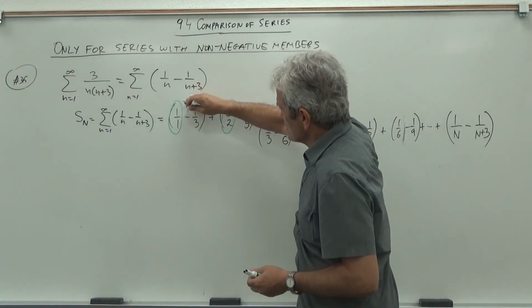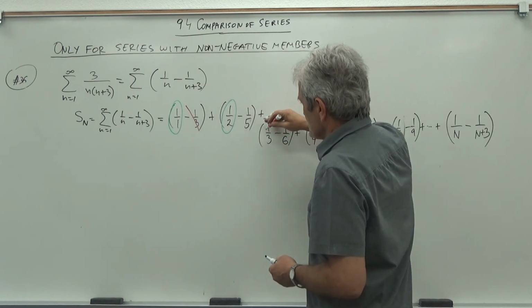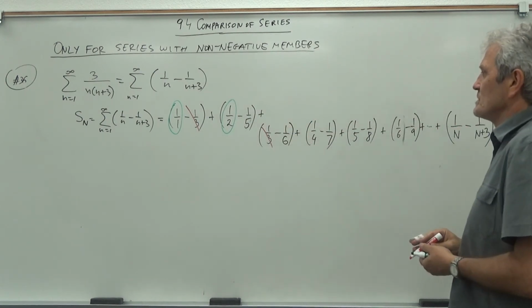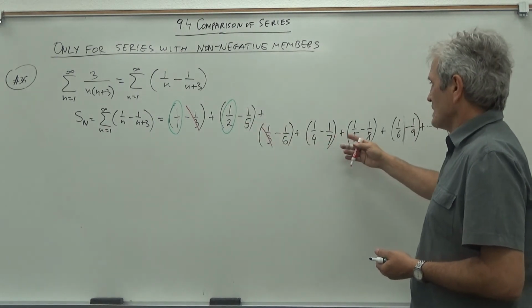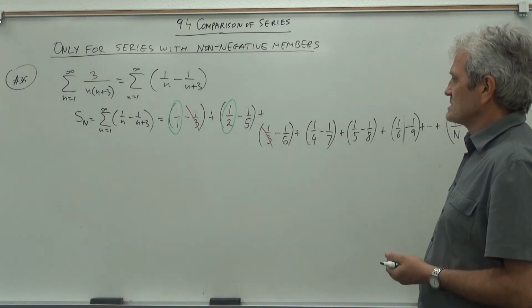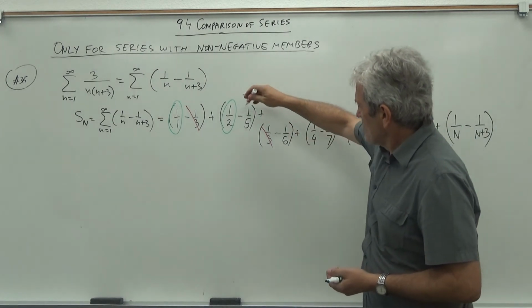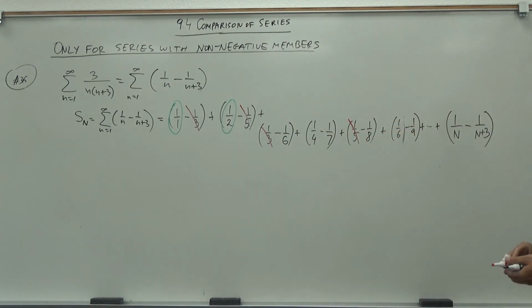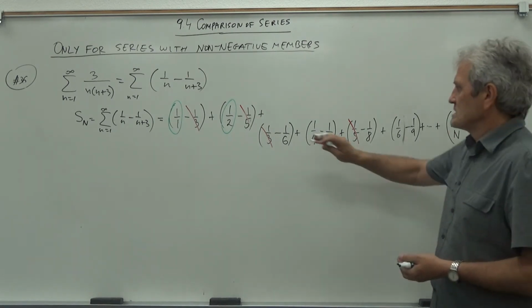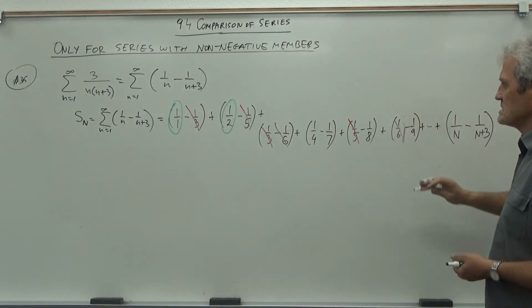So it's minus 1/3 gets canceled 2 steps down the road. And then 1/5 also gets canceled 2 steps down the road. So minus 1/5 will cancel 1/5. And then minus 1/6 would cancel 1/6.